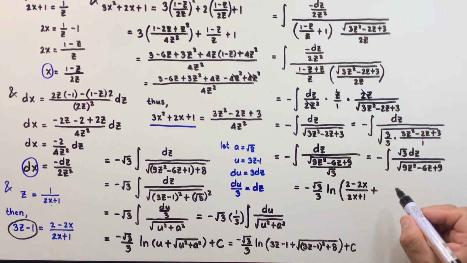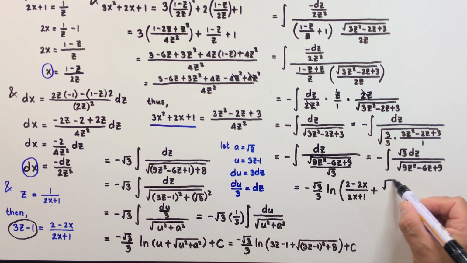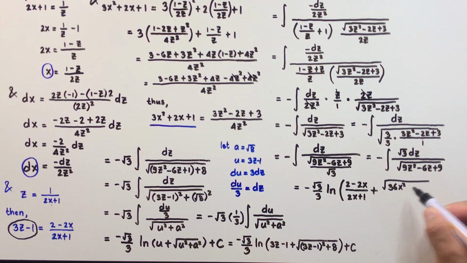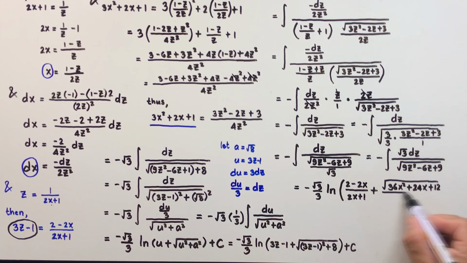And you can check that that is equal to the square root of 36x squared plus 24x plus 12 divided by 2x plus 1.